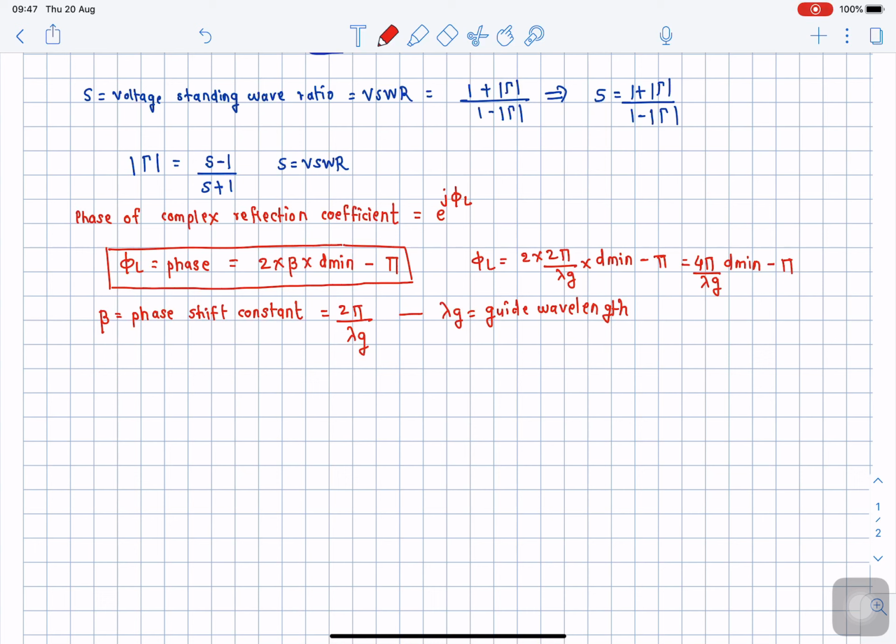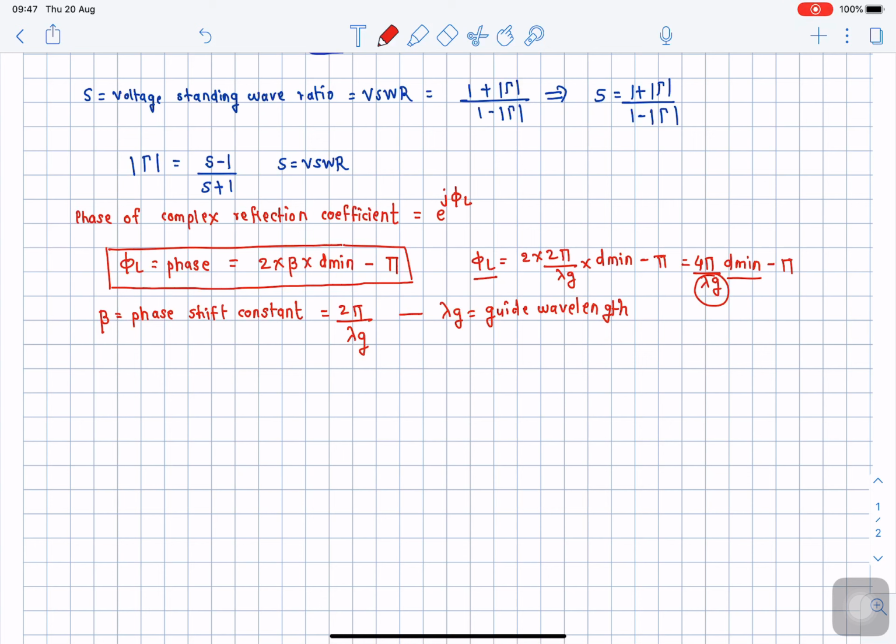In order to calculate the phase shift phi l, we should know the value of the guide wavelength, lambda g, and the minimum distance when the load is connected. So the unknowns are the guide wavelength and the minimum distance of voltage when the unknown load is connected in the circuit.